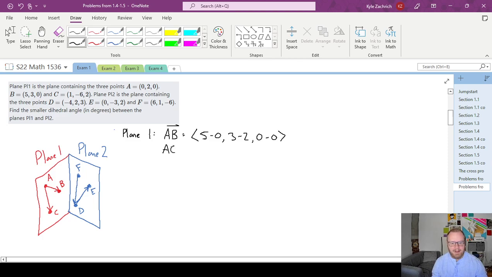If this step seems a little unnecessary, then you don't have to do it. But I will say that this will save you if you end up computing something wrong. It's a lot easier to go back and look at what you've done and try to see where a mistake happened. So this one's 5, 1, 0. This vector is 1, -8, +2.